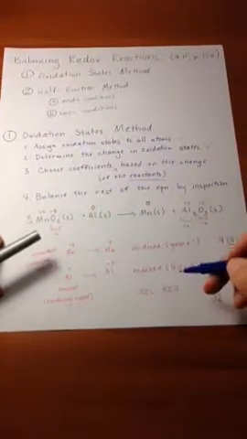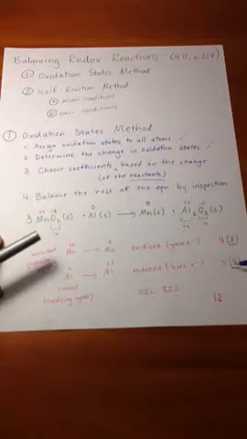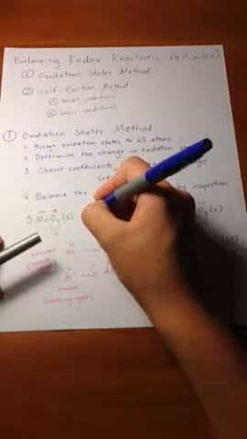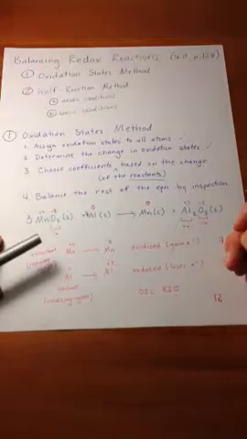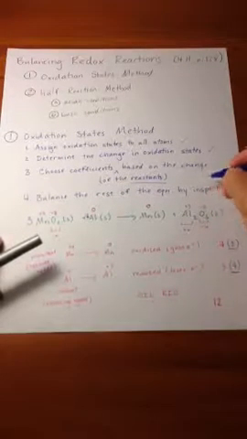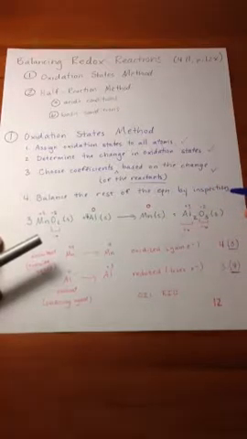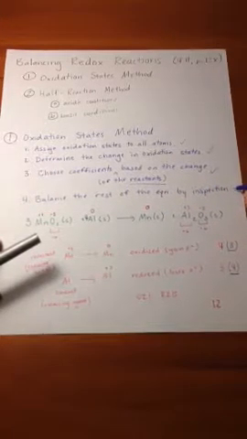Now where we see aluminum as a reactant, we're going to multiply that by 4. Let's squeeze that in there. Okay, so now that we've done step 3, we can balance the rest of the equation by inspection.